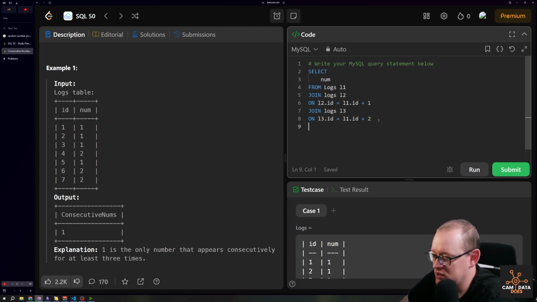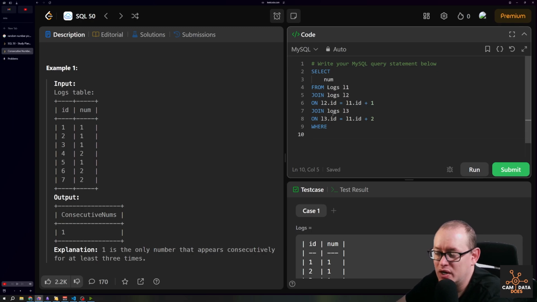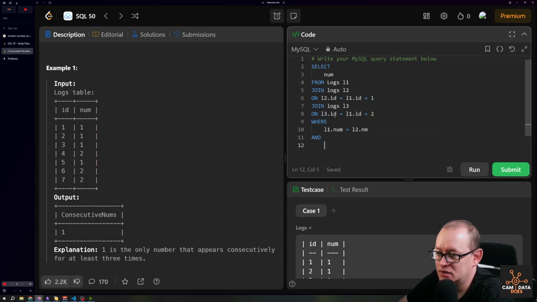And then what we want to do, where L1.num equals L2.num and L2.num is equal to L3.num.